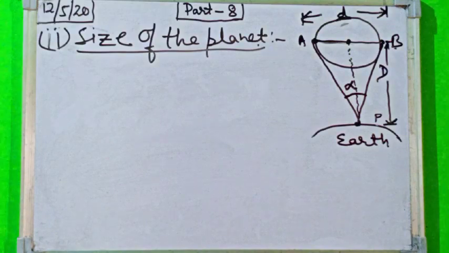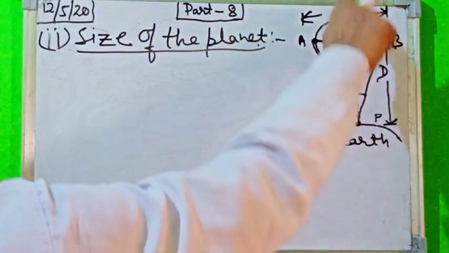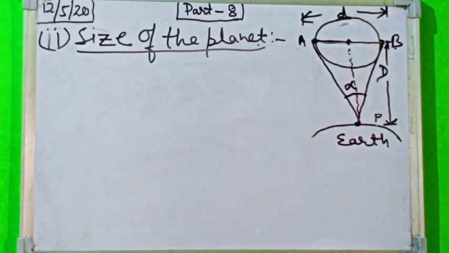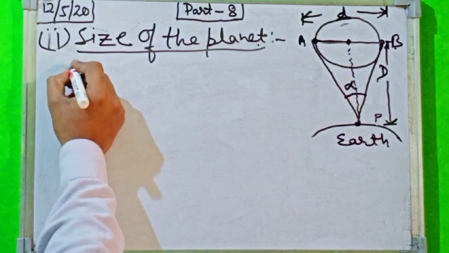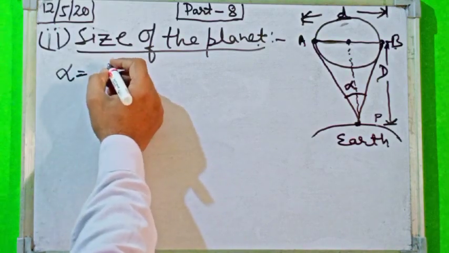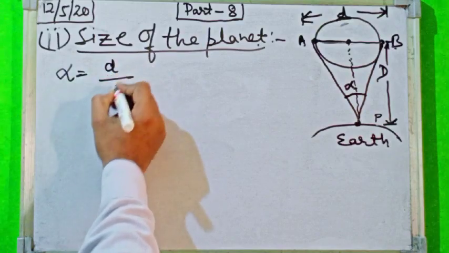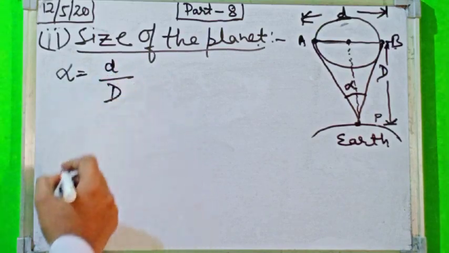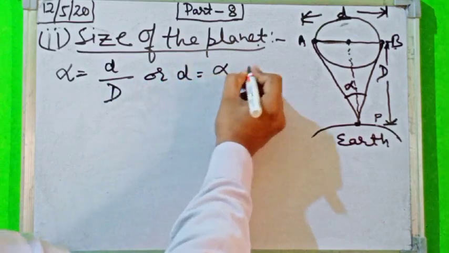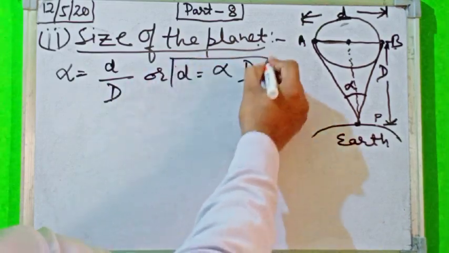Capital D we can calculate. Since the planet is very far off, this arc is considered as this line AB. So we can find alpha is equal to small d upon capital D, or we can calculate small d is equal to alpha into capital D.